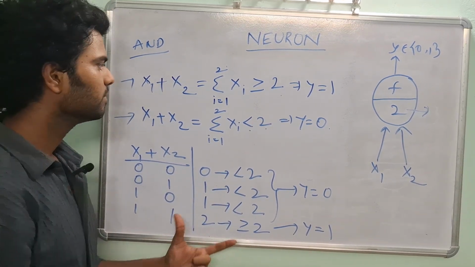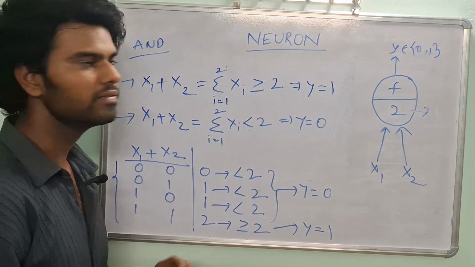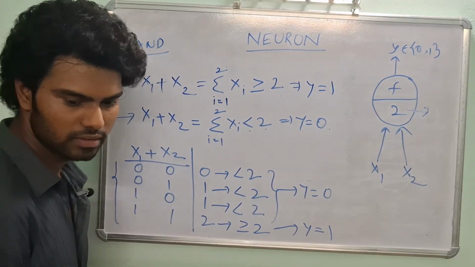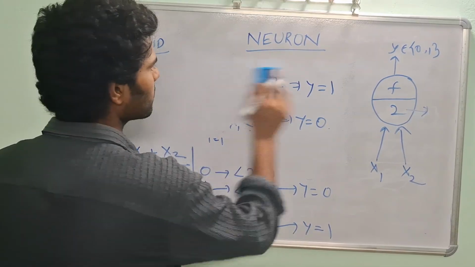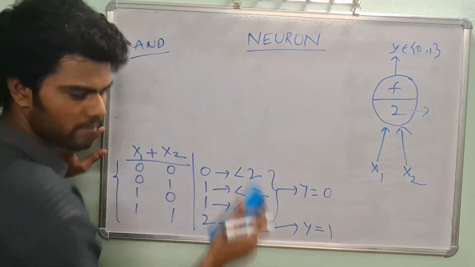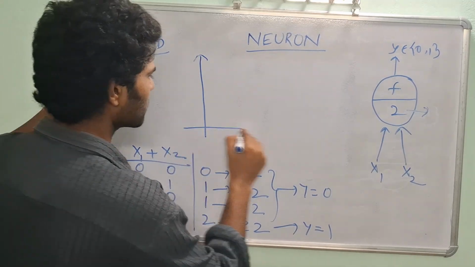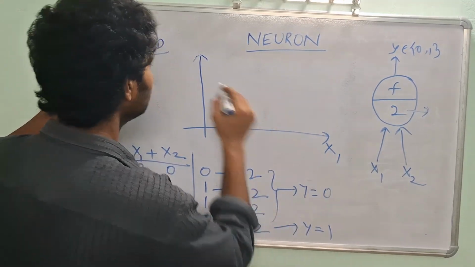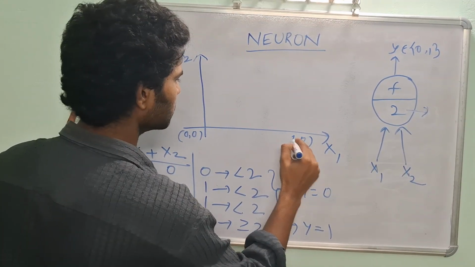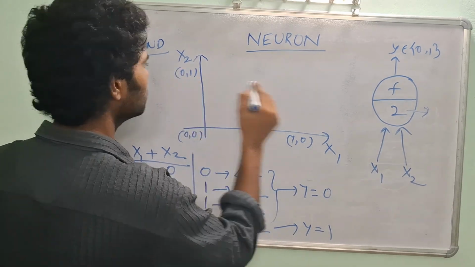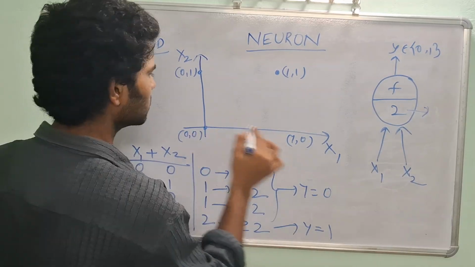So now we will see how these 4 points are represented on the graph. This is x1, x2, and the points 0, 0; 1, 0; 0, 1; 1, 1. These are the 4 points.